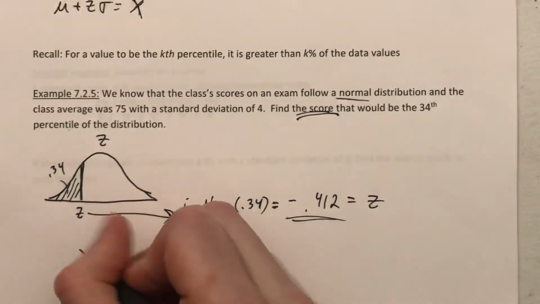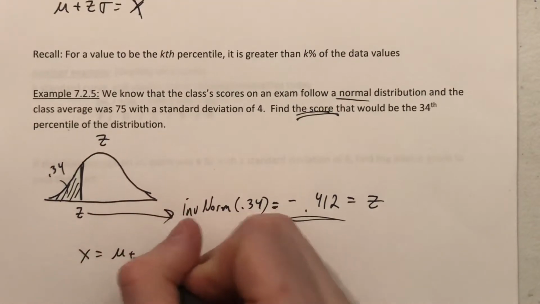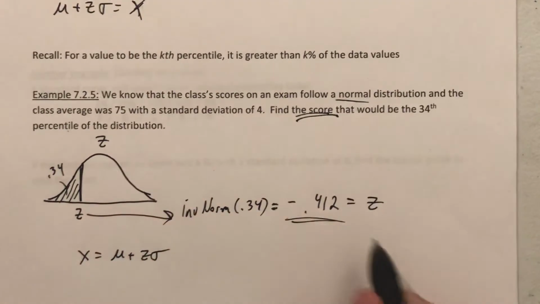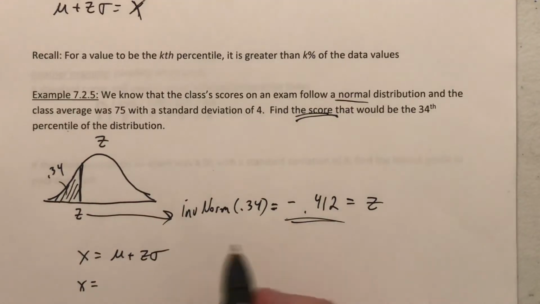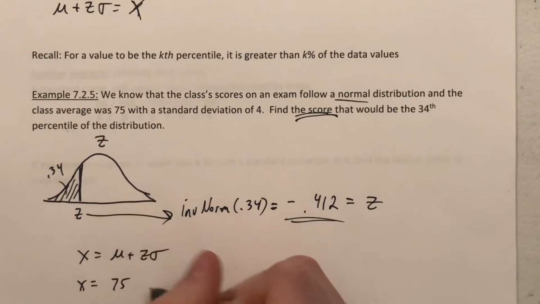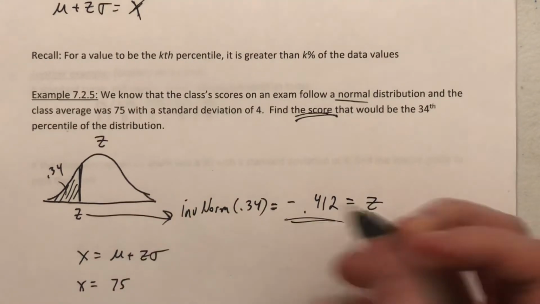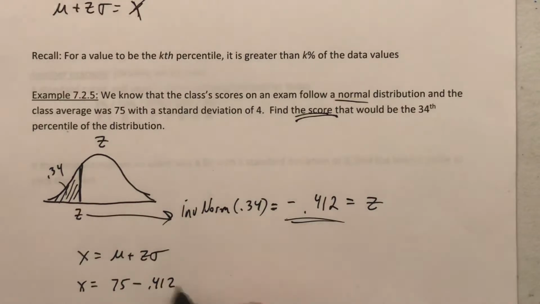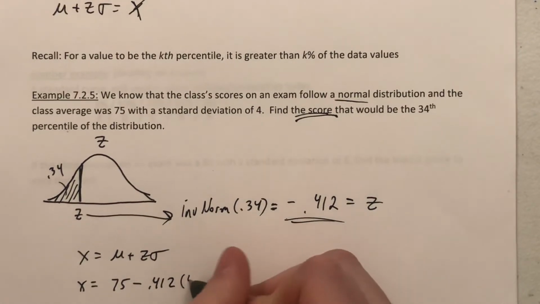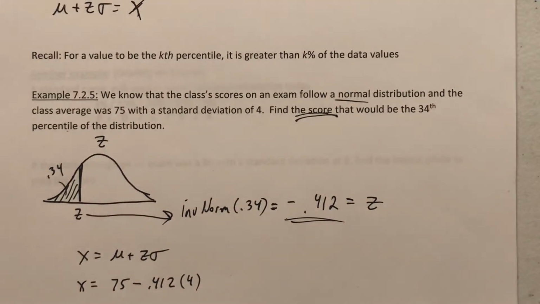And now we will use that formula from above to say if I want to figure out what data value that z-score represents, then I will just plug in the mean of 75. You could write plus negative 0.412 or just understand that that's going to be a minus 0.412 times the standard deviation of 4.